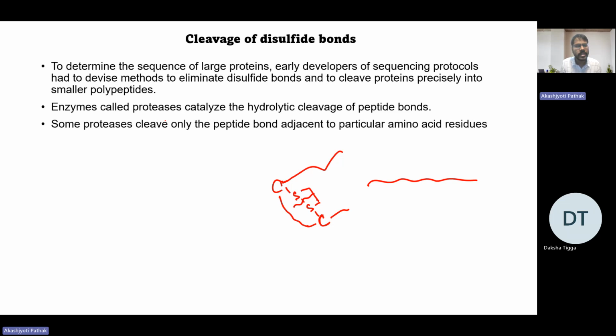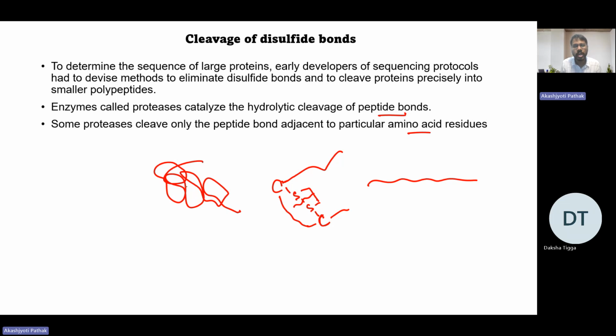Enzymes called proteases catalyze the hydrolytic cleavage of the peptide bonds. And there are some proteases which cleave only the peptide bond adjacent to a particular amino acid residue. Here you have a folded protein, and the protein is folded due to the hydrophobic interaction as well as the covalent interactions. These covalent interactions are formed by the disulfide bonds.